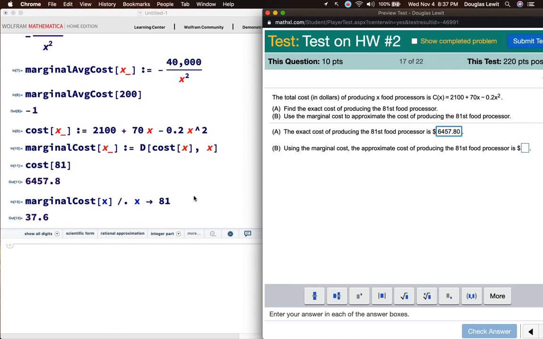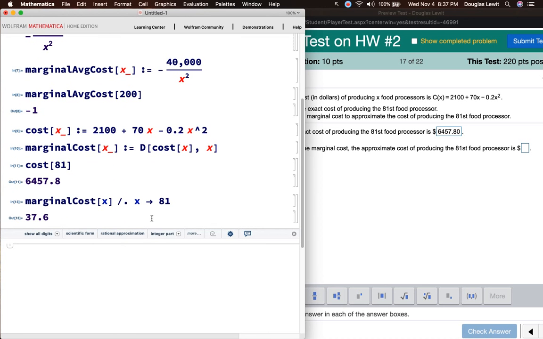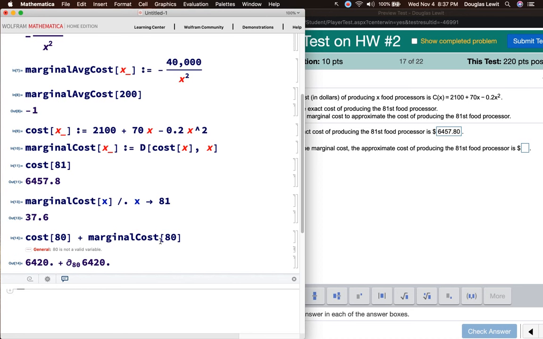Of course, we can check. So if we take the cost of producing 80 food processors, not 81, but 80, and then we add to that the marginal cost of producing 80 food processors. Oh, wait a minute. Sorry about that.